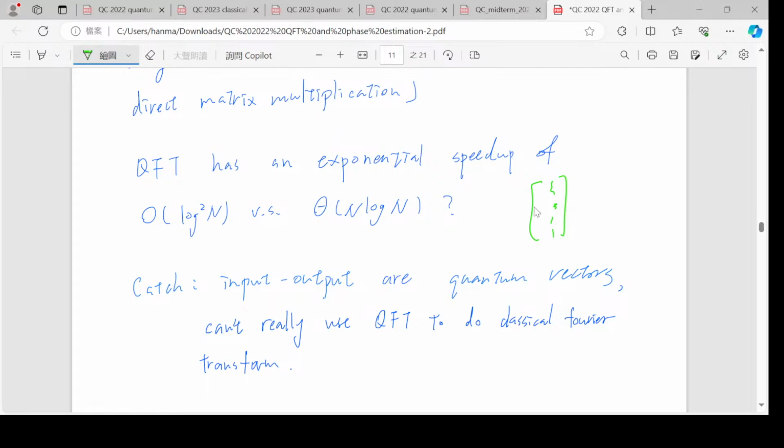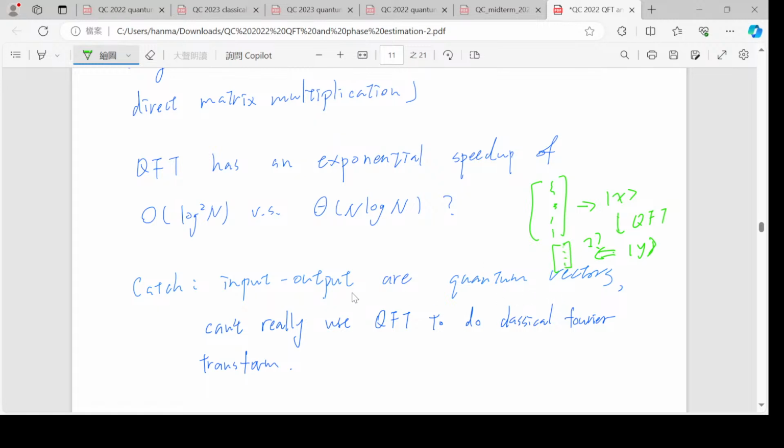Maybe we can do this really fast with a quantum computer? The answer is not quite, because you need to turn that data into quantum states. Assuming this step is okay, you can do the quantum Fourier transform really fast, and you get some state y, the quantum Fourier transform of x. But now how do you get y back as classical data?